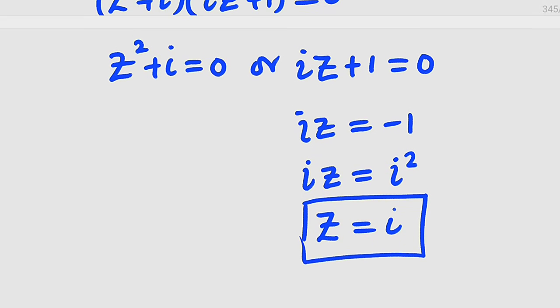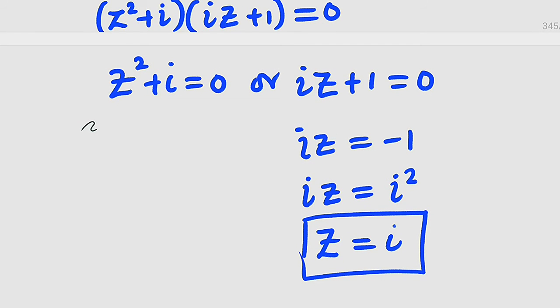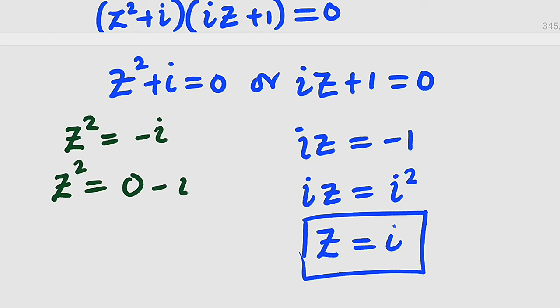Then we come back here. From here we can take i to the other side. So this is equal to negative i, which we can write as z squared equal to 0 minus i, because this is a complex number where the real part is 0.